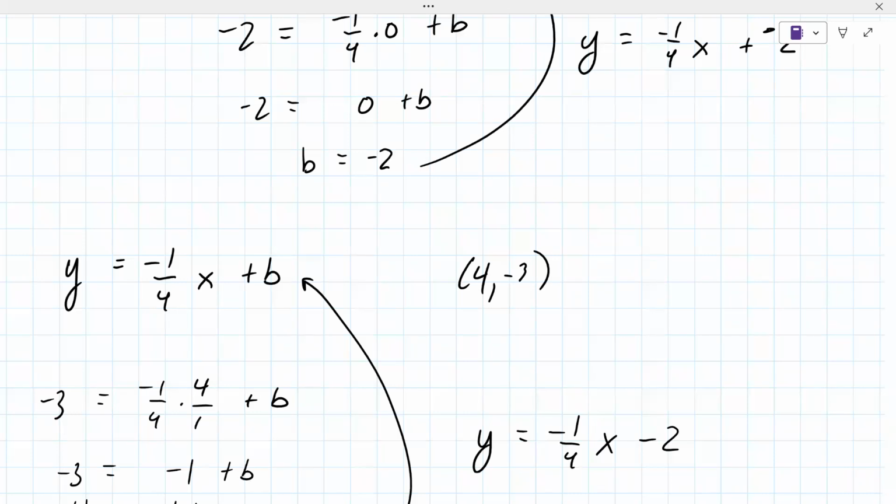Really, I don't have enough time to do another question here. Let me just have you find the slope of this one, and then we'll close out with that.